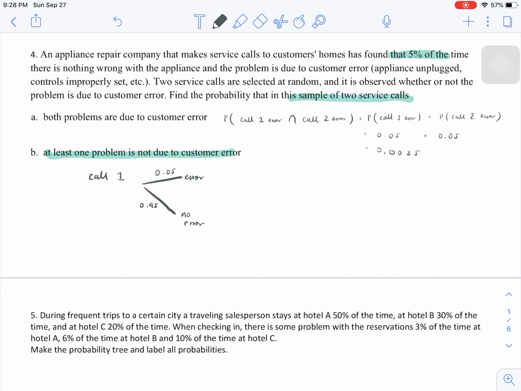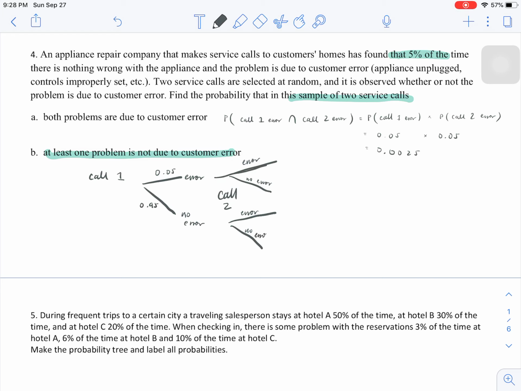Okay, so now let's think about call 2. Again, call 2 can either be due to customer error or no error.